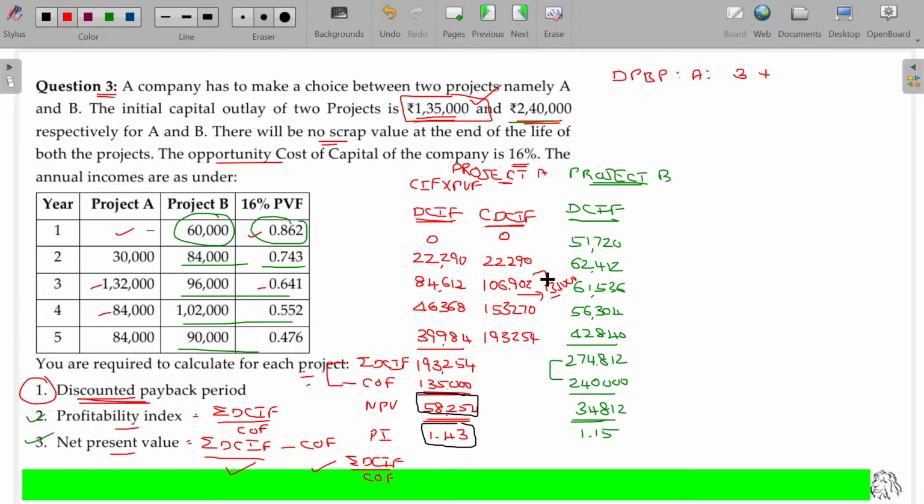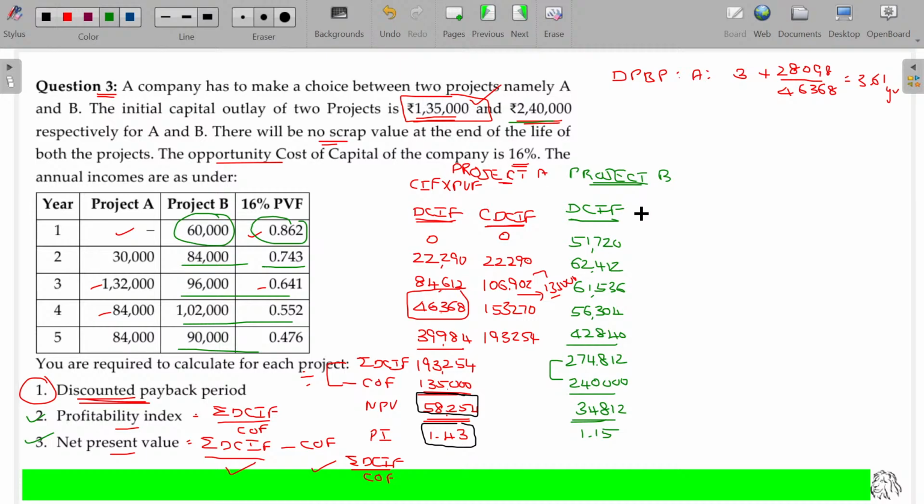The shortage is 28,098, but in the next year I got 46,368. Then the ultimate value is 3.61 years.